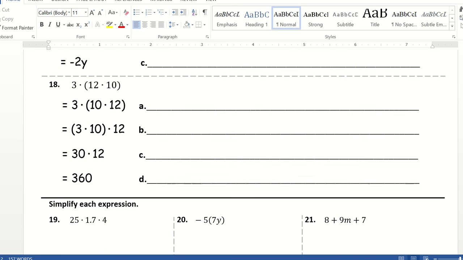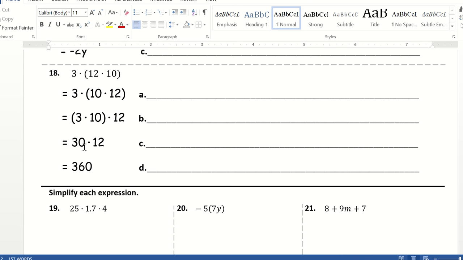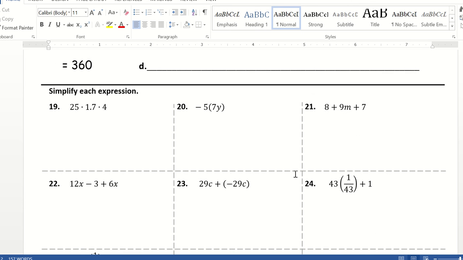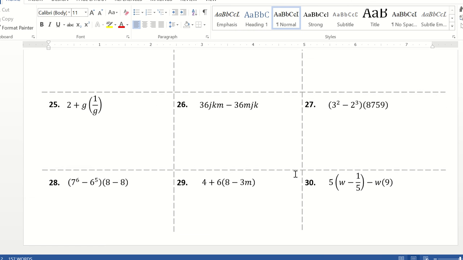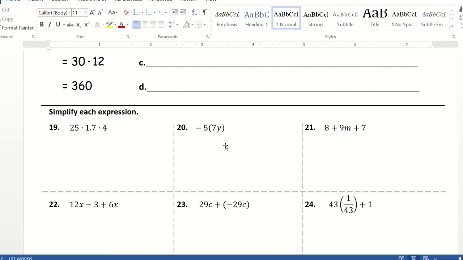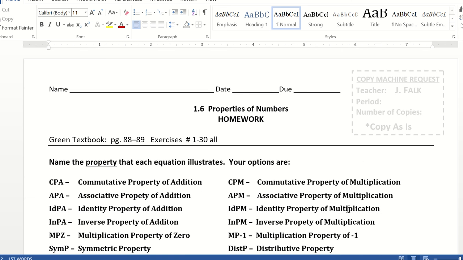You know what I mean? Spoiler alert, going from this line of work to this line of work, that's just multiplying. You can just say, I multiplied. That's all I really did. That can be a reason. And then simplifying, again, you're utilizing, whether you realize it or not, a lot of these basic fundamental properties. Anyway, that's it for 1.6, just all those properties that hopefully you can understand.